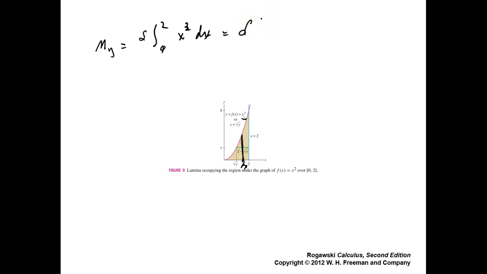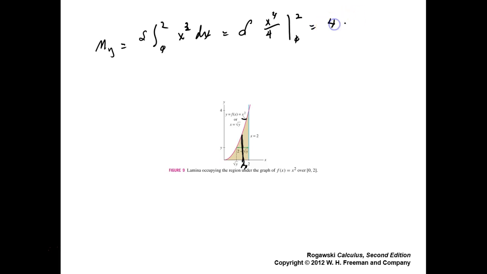And what's the antiderivative of x cubed? x to the 4th over 4, evaluated from 0 to 2. 2 to the 4th is 16. 16 divided by 4 is 4.